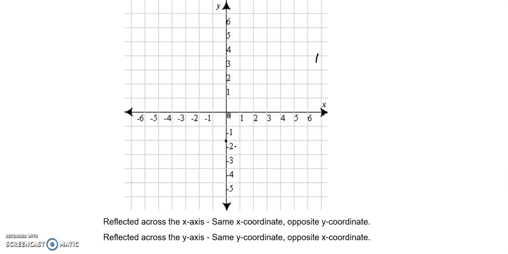The next thing we're going to learn is using absolute value to find distance between 2 points that are vertical or horizontal from each other. So if I have a point at -4, +4, and I have another point that is at 2, -4.